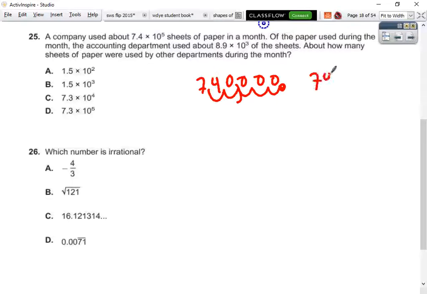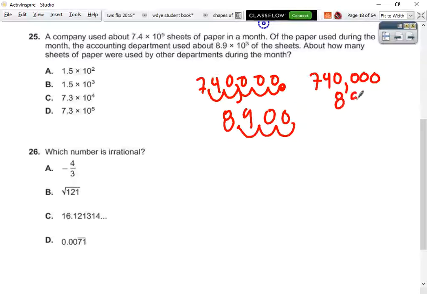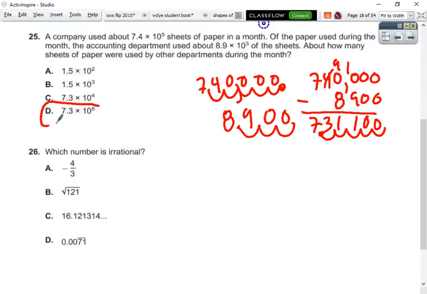So we have 740,000. This department had 1, 2, 3. So we had 8,900. So we subtract. 7.3 times 10 to the 5th is clearly the answer.